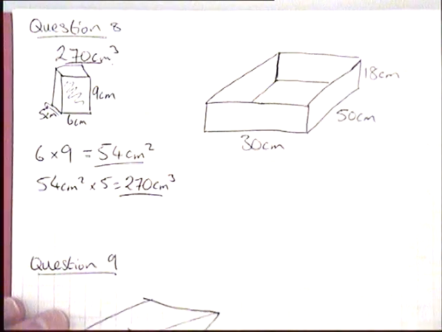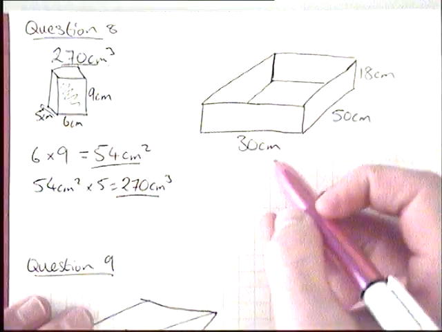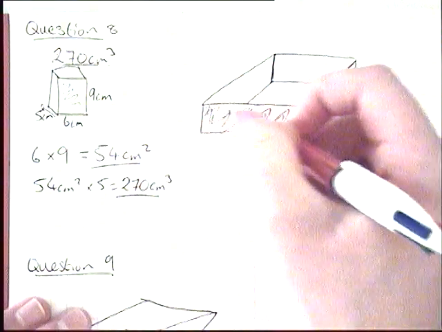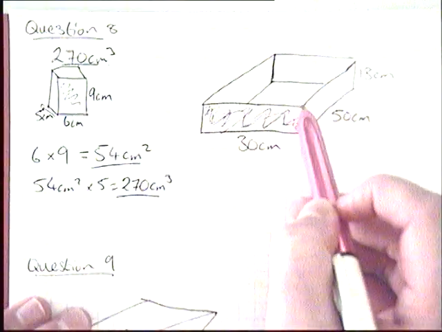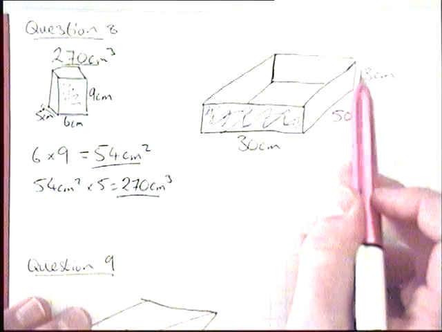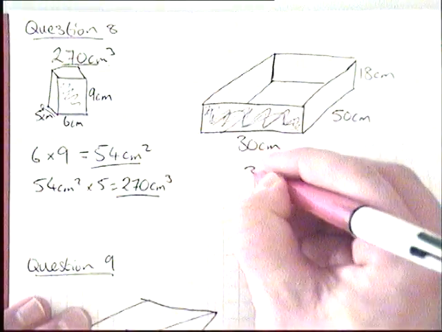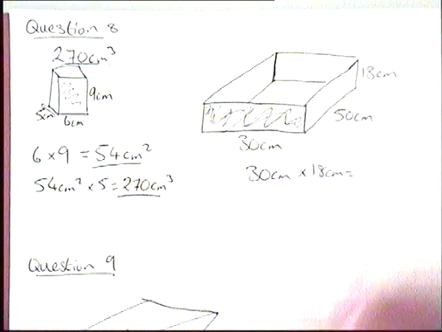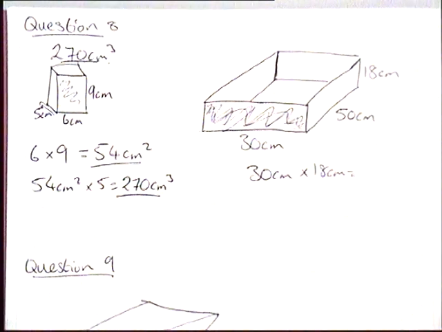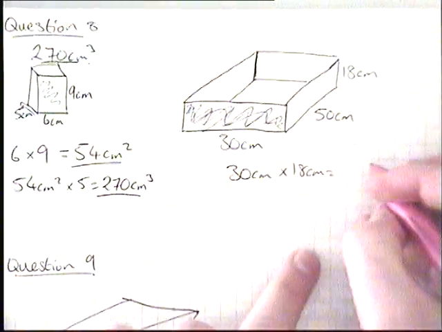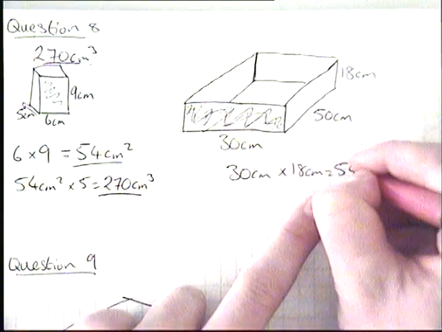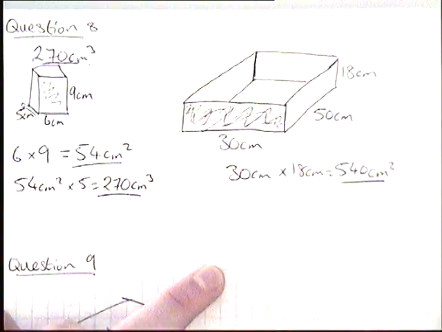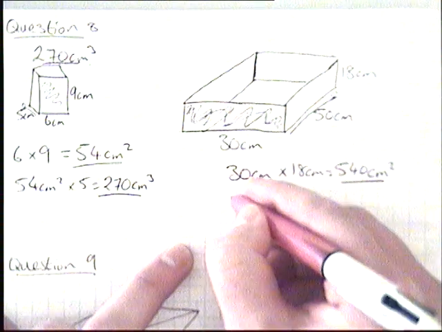We're then going to find out the volume of the larger cuboid. So we'll treat this front bit here as the cross section. So a length of 30 and a width of 18 from up here. So 30 centimeters times 18 centimeters leaves us with an area of the cross section of 540 centimeters squared, which we're then going to times by the length, which is 50.